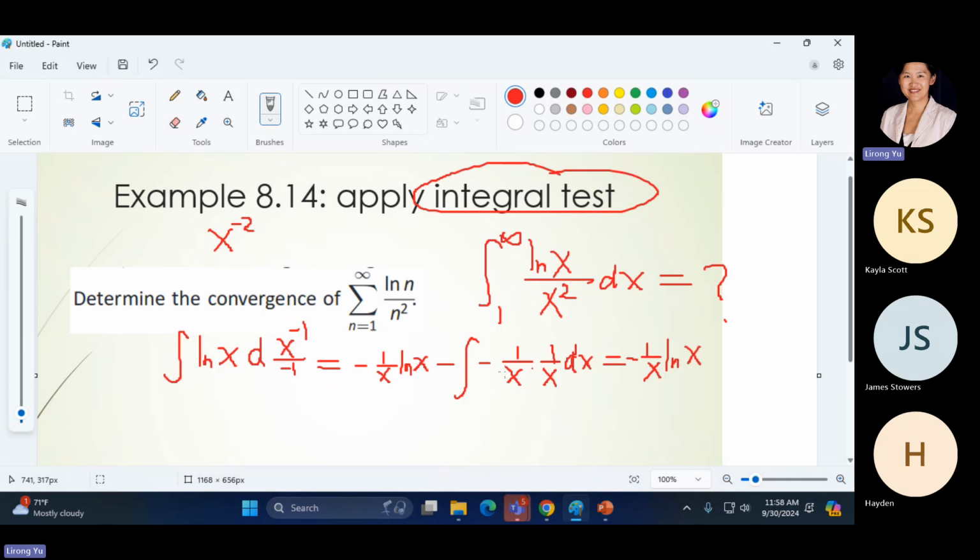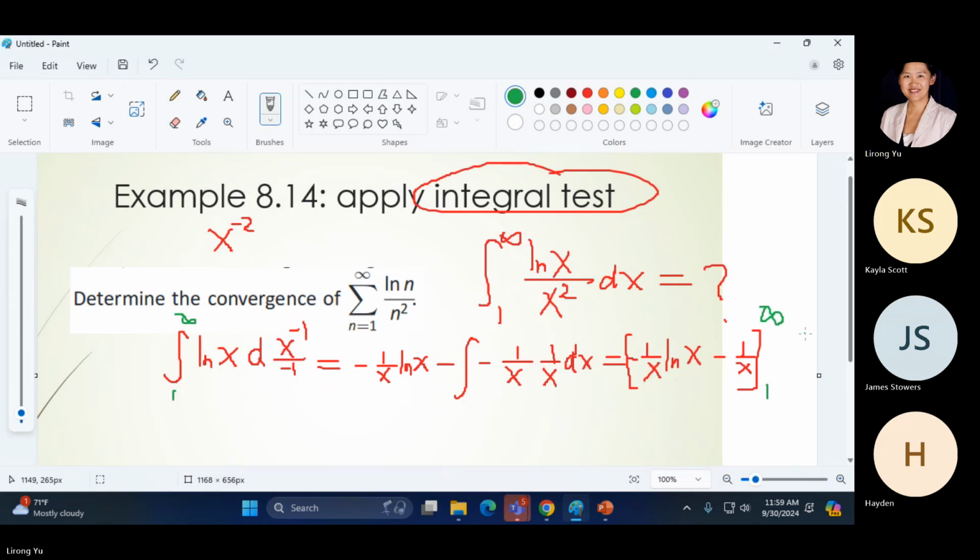So this is equal to, the negatives cancel, plus the integral of 1 over x squared, and the answer is -1 over x. So that's the antiderivative, and we're supposed to put in the integration limits. Now we put in the numbers and calculate the value.